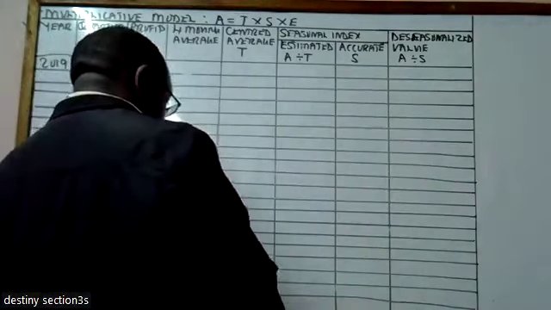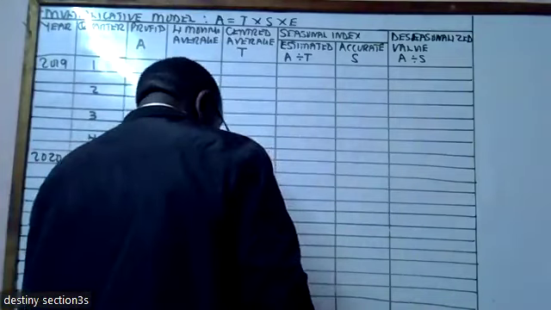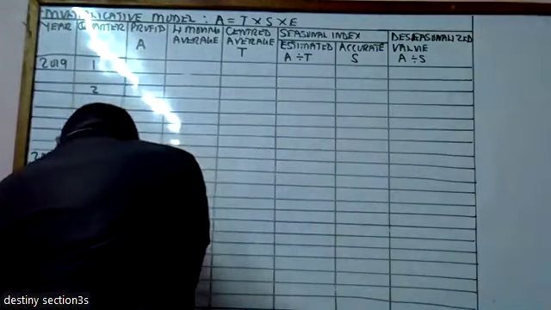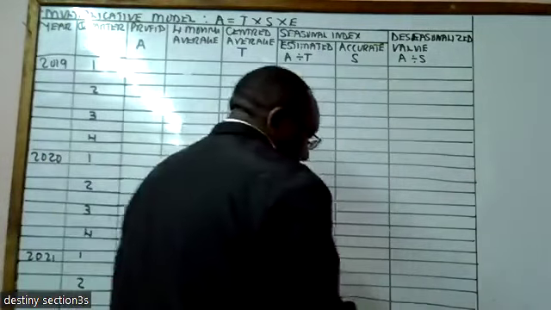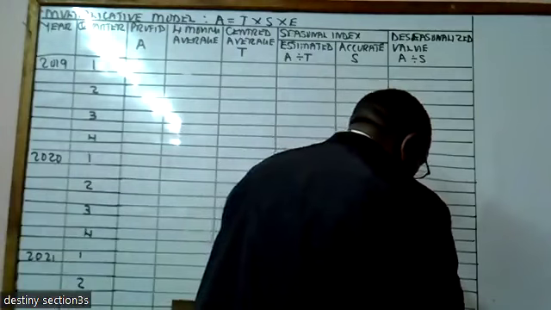Then 2021: 1, 2. I will need to add another one here, another one down here. They should all fit, but they have refused. So this is 3, so I need another one.